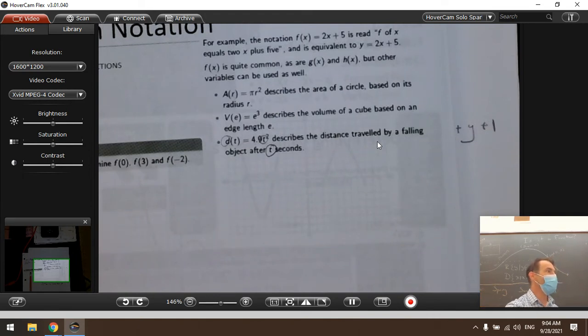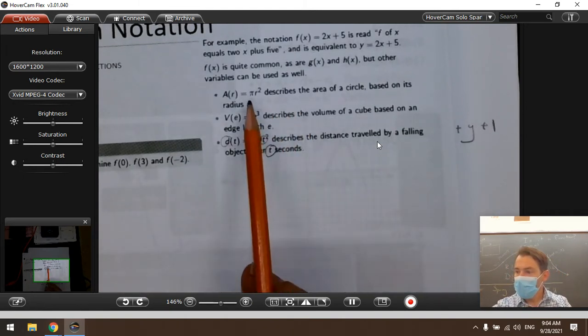We might choose letters just to make our functions more easy to understand and easy to distinguish from one another. But otherwise, no, the letter we choose doesn't have a mathematical significance, but it might have a mnemonic significance or a logical significance to us.